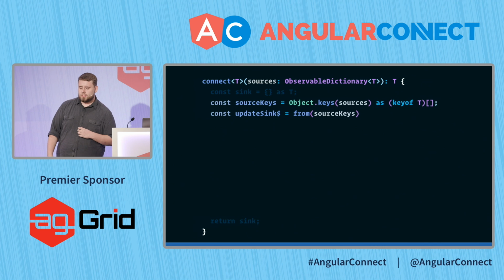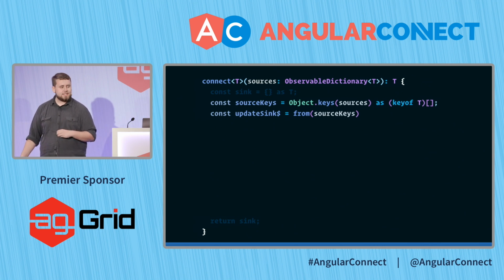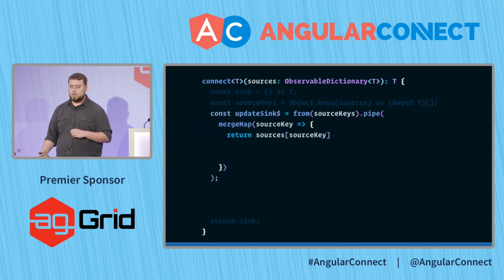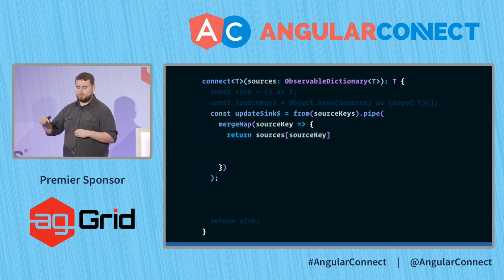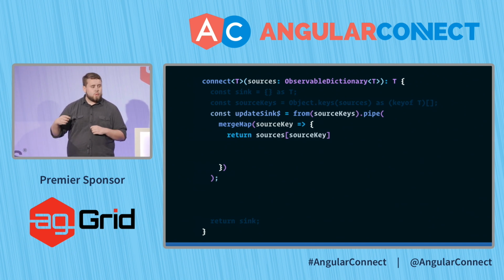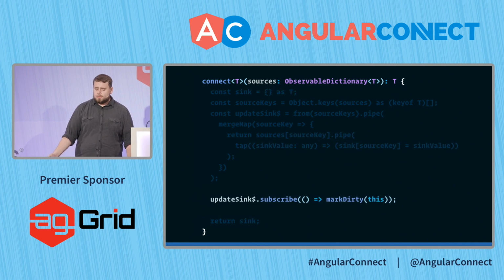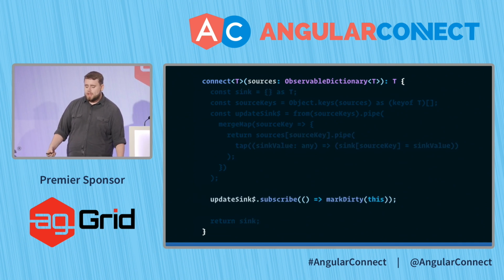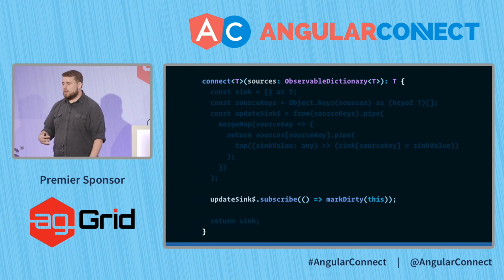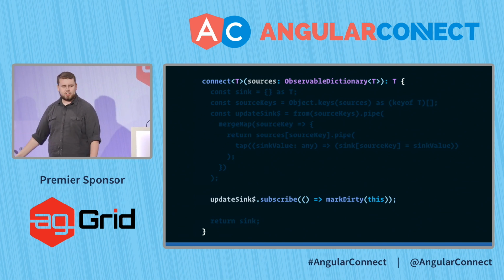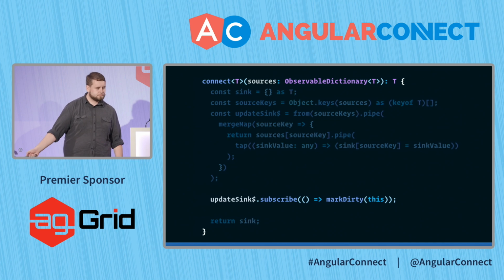I'm going to build an observable from these keys, and then I'm going to take every one of these keys, and I'm going to look up that original observable that the user passed in. When that observable updates, I'm going to write that new value to my sink. To get this all running, I'm going to subscribe to this observable that I've built up, and when any value changes, I'm going to go ahead and call MarkDirty, which will run change detection on my Angular component.